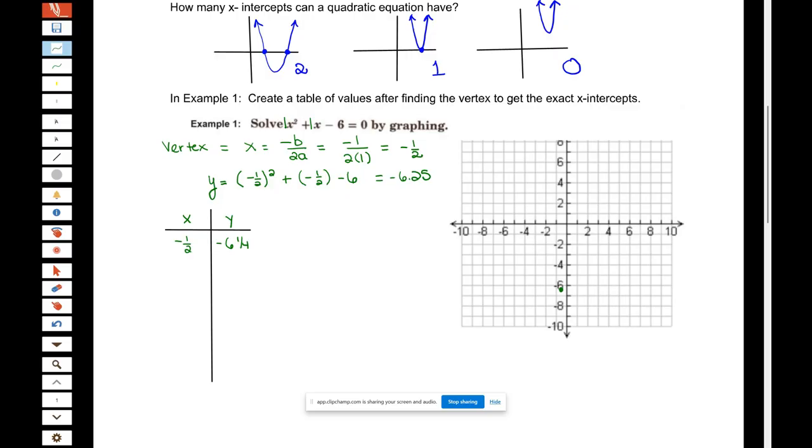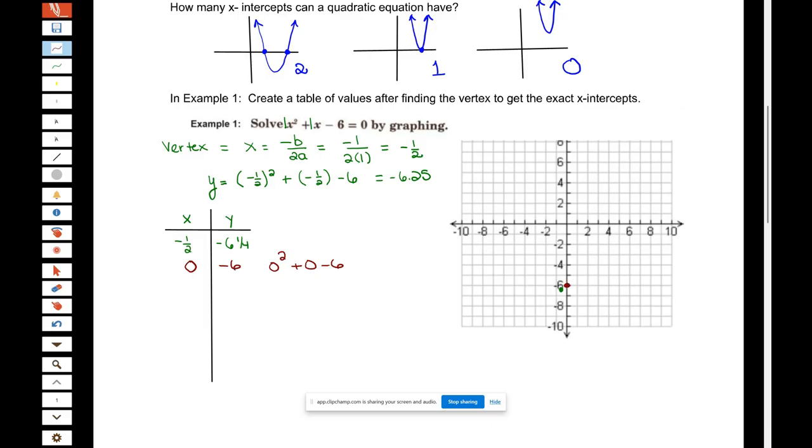So that means now a good point to plug in would be the first integer to the right of that, which is 0 on the x-axis. Well, if I plug in 0, 0 squared plus 0 minus 6 is just negative 6.